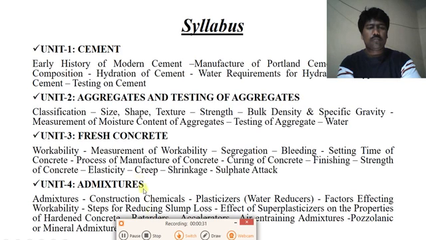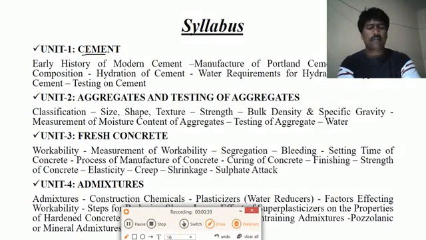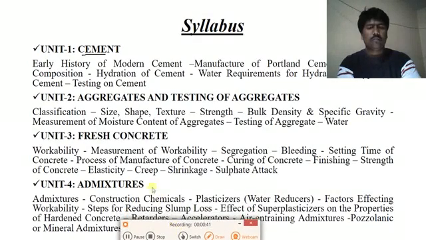So, in unit 1, I have covered cement, the testing on cement, and the types of cement. Now this is the introduction about unit 2, which is aggregates and testing of aggregates.